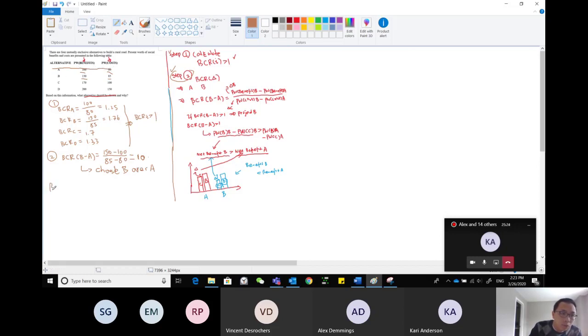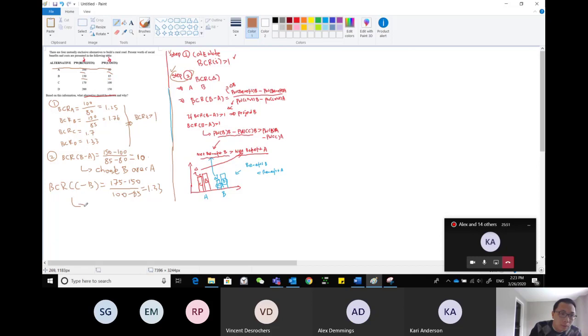So now we just need to choose between B and C. C minus B. So that will be 170 minus 150 over minus 85. So this will give us 1.33.